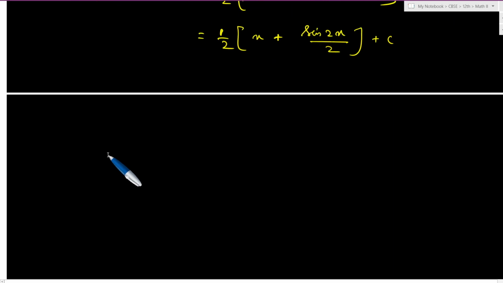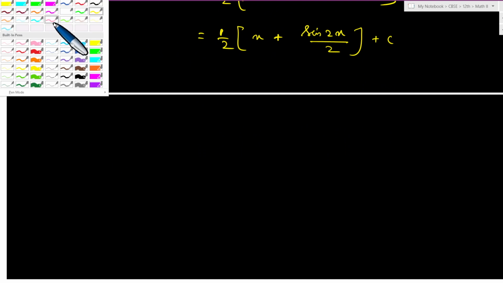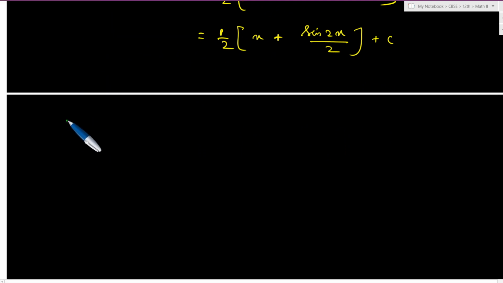Let's solve another question. Integration of sin cube x dx. Integration of sin cube x dx. Okay. So how to approach this question?